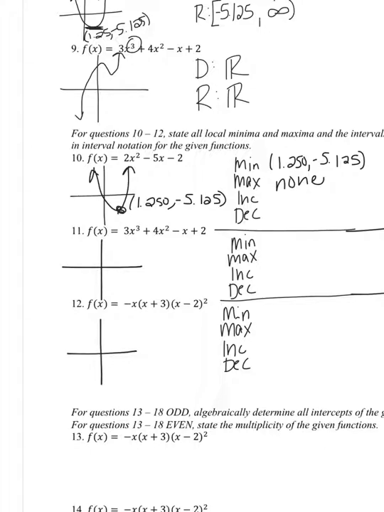Okay, increasing and decreasing. I can't do that on the calculator, but I have to find the mins and maxes first. So now I'm going to make that number line, and this is negative infinity, and this is positive infinity, and I only care about the mins and maxes, the x values only. So this is 1.250. From negative infinity, so my farthest left, I am coming down until that turning point, so I am decreasing.